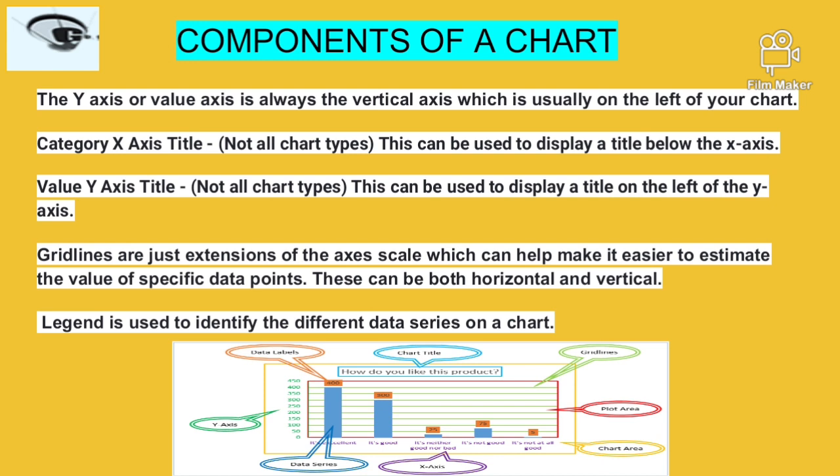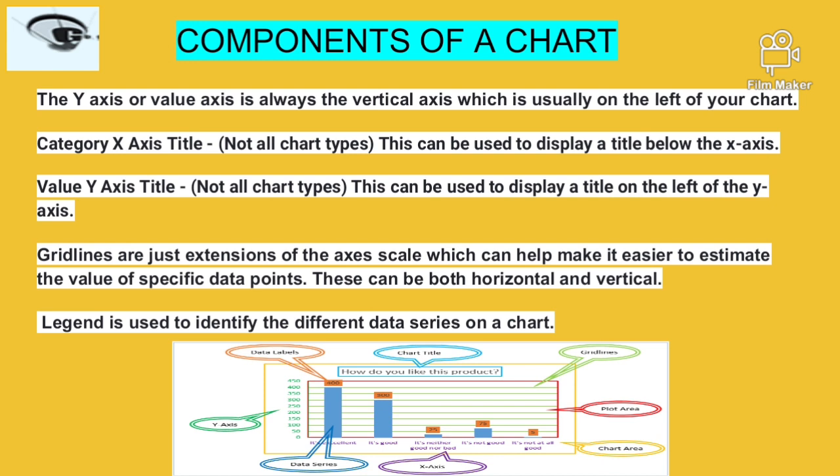Then comes the data series. The long bars or the different types of structures that are used to represent different categories are known as data series. And the data point is the single value that represents any category. For example, the sale of company A will be represented by a single block, and that single block is known as a data label or a data point.